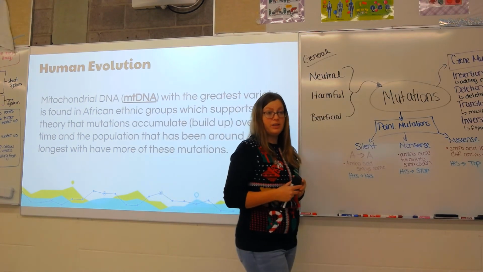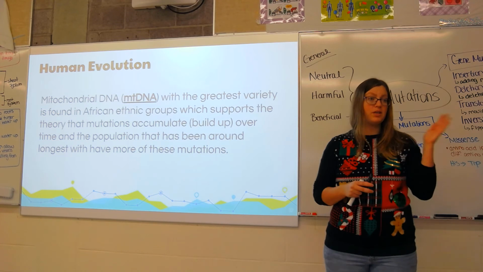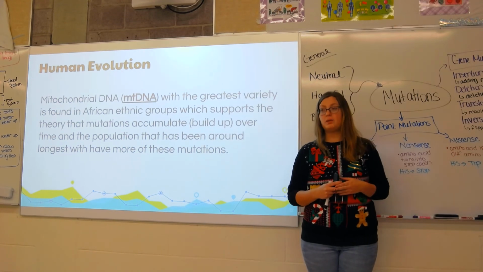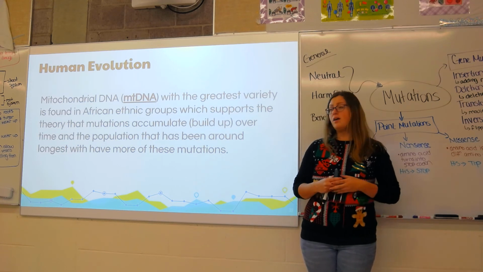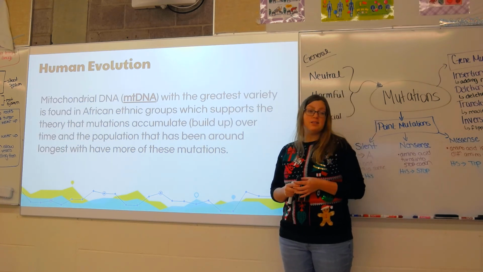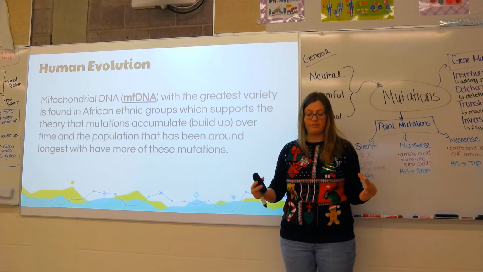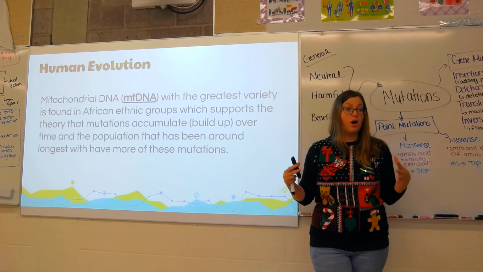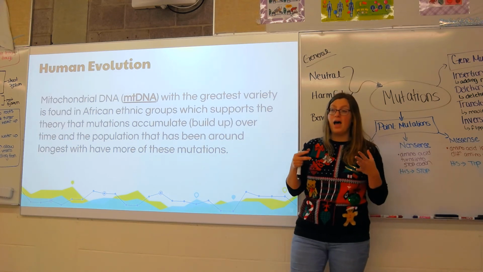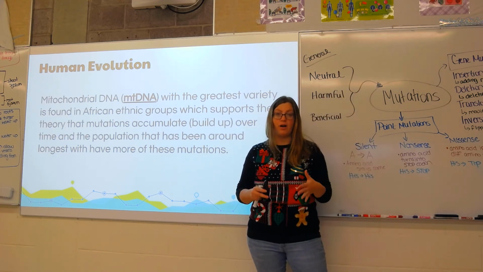And so people who live in Africa have the greatest amount of differences in their mitochondrial DNA versus people that live in Europe, versus people that live in South America, versus people that live in North America. So this again supports the fact that the African populations are the oldest populations on the planet, and that all humans at one point came from Africa.